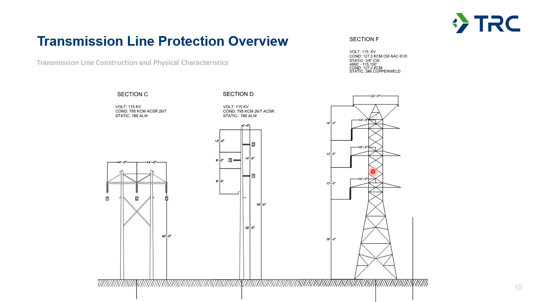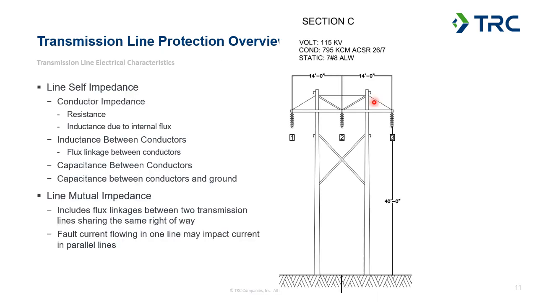But they all have basically the same types of parameters that we're looking at: the conductor types, the static wire types, and spacing and things like that. And that's really what goes into how we take the physical parameters and transition those into electrical parameters.